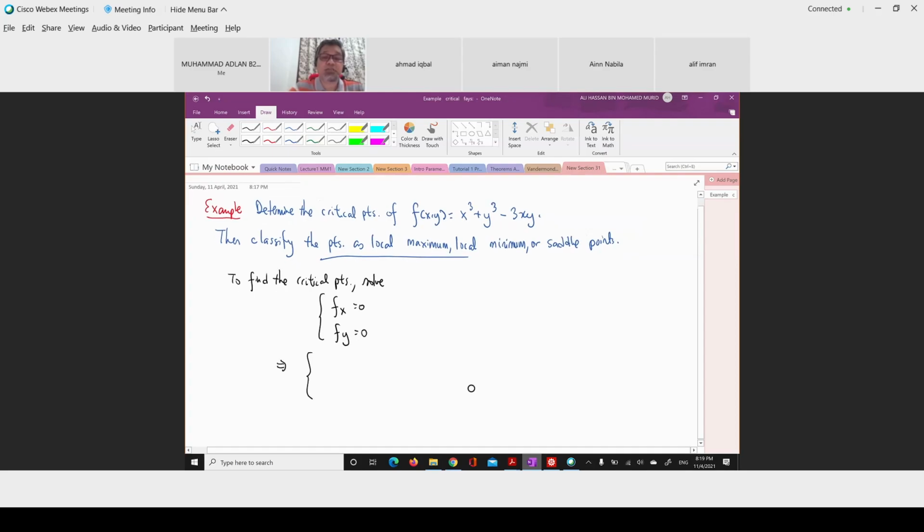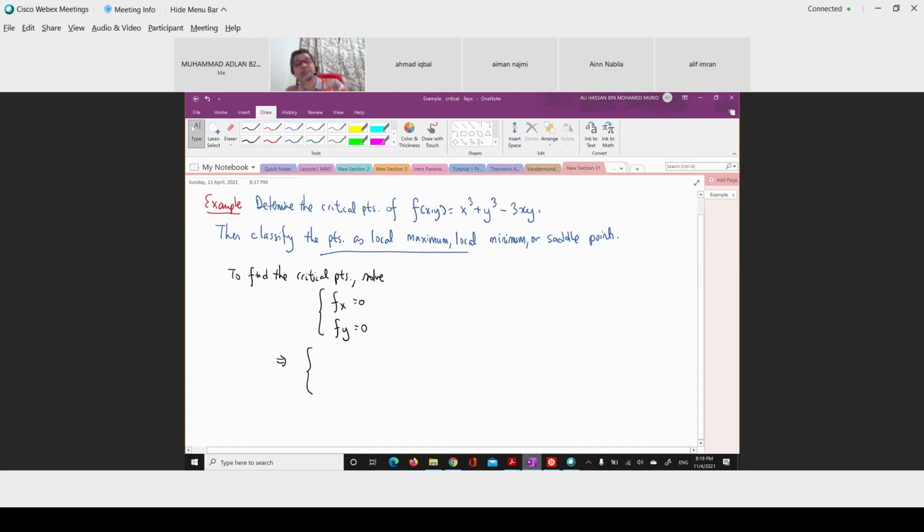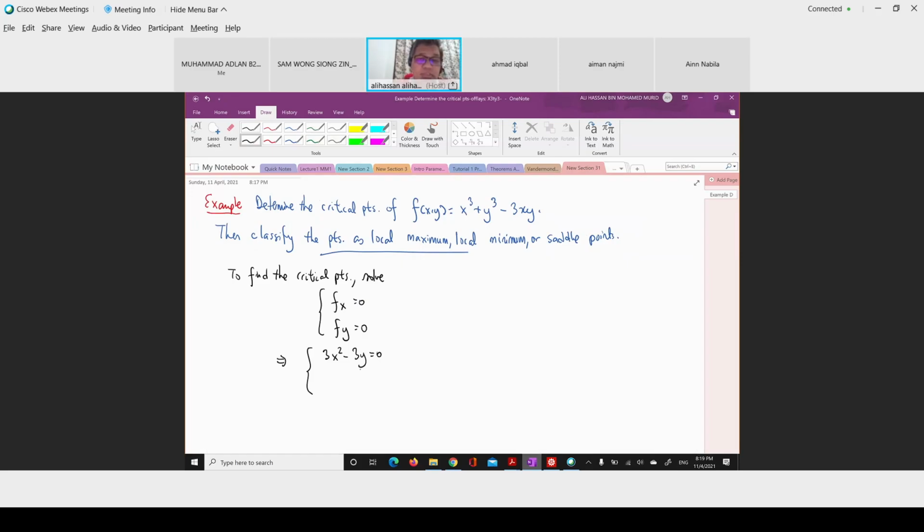So what is f partial x here? Anybody? You should be an expert by now. 3x squared minus 3y. 3x squared minus 3y equal to 0. What about f partial y? 3y squared minus 3x, yes.